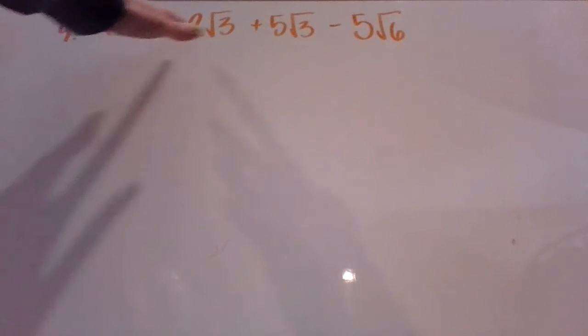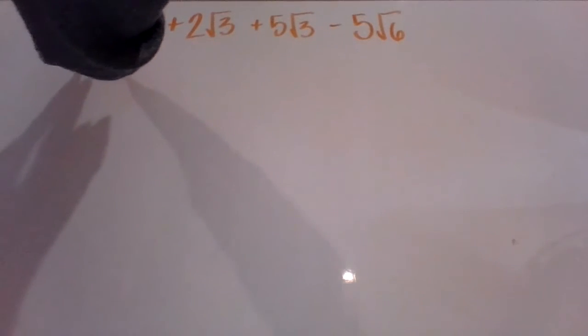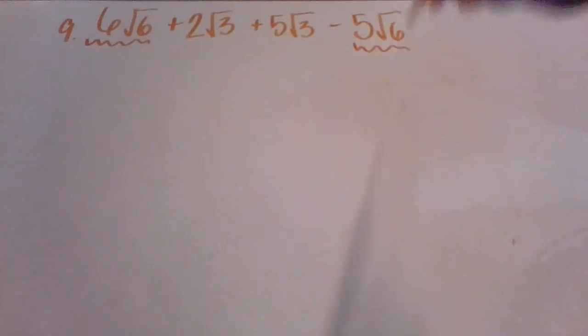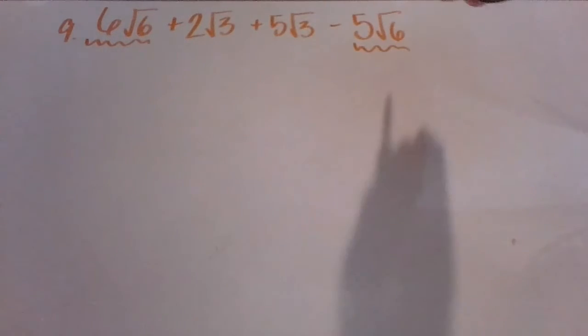When I look, they're not all the same, but I have matching ones. Let's do a squiggly line under this one because they're both square root of 6, which means I can combine those. So 6 minus 5 is 1. So my answer would be 1 square root 6.